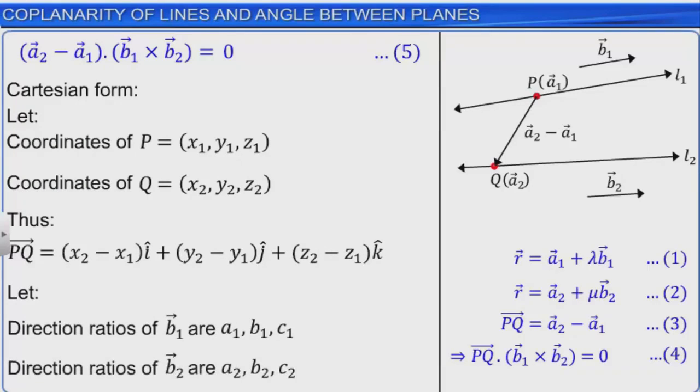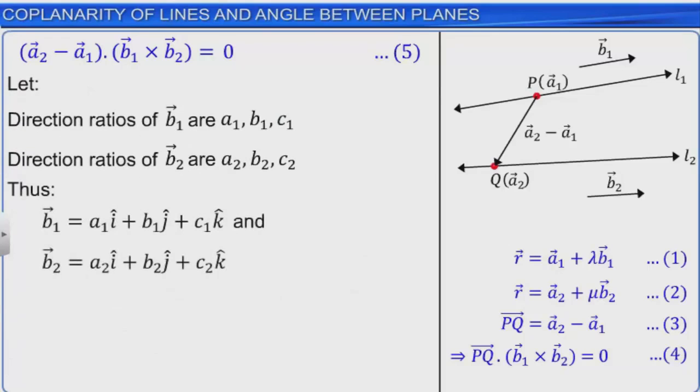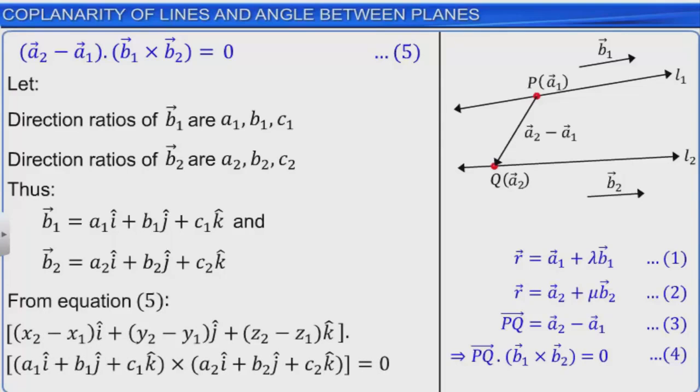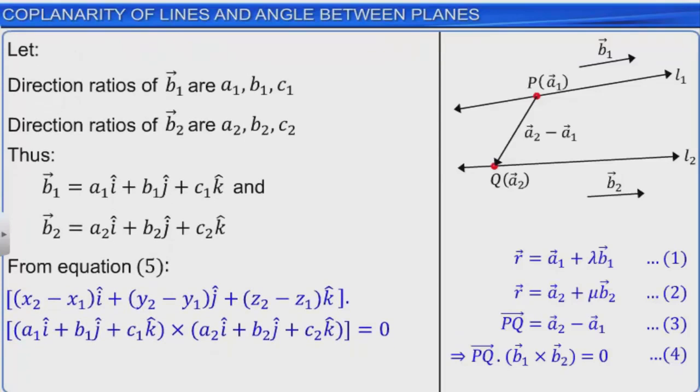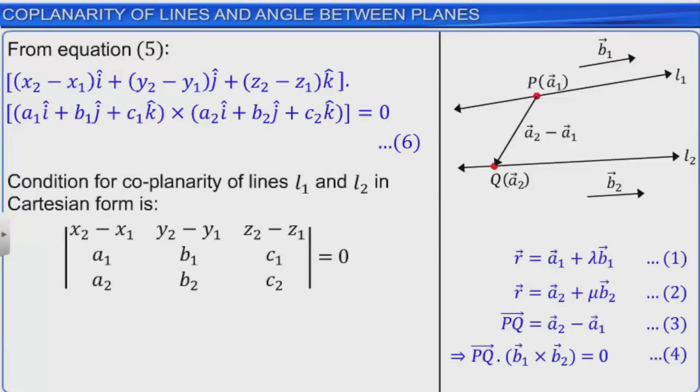Using the given direction ratios, we can write vectors B1 and B2 as shown. Substituting the values of vector PQ and vectors B1 and B2 in equation 5, we get equation 6. Converting equation 6 into a determinant as shown, we get the condition for the coplanarity of lines L1 and L2 in Cartesian form as shown.